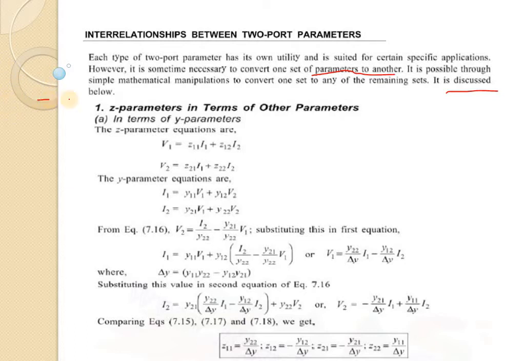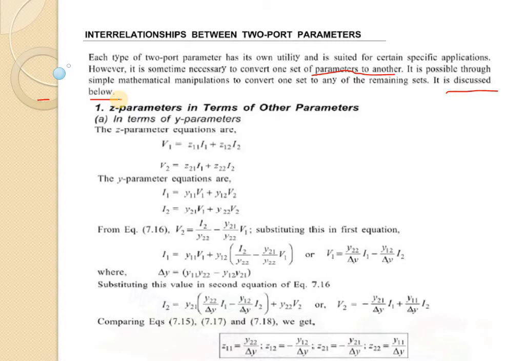So, we can see Z parameters in terms of all other parameters and how this relationship can be built. Based on this type of calculation, you can easily perform the relationship between other parameters also.